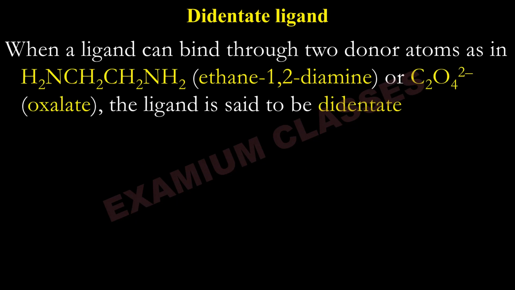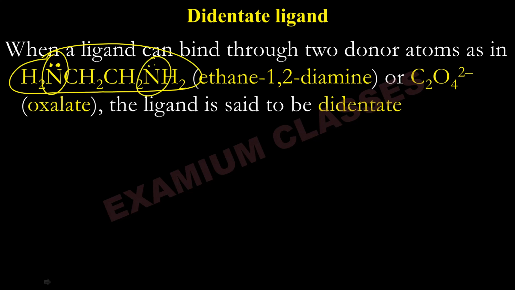Didentate means there are two such sites. The same molecule or ion has two different sites from where it can connect to the central metal atom. Is it different from ambidentate? Yes, it is different from ambidentate. I will be coming to ambidentate. For example, here you have a nitrogen lone pair and another nitrogen lone pair.